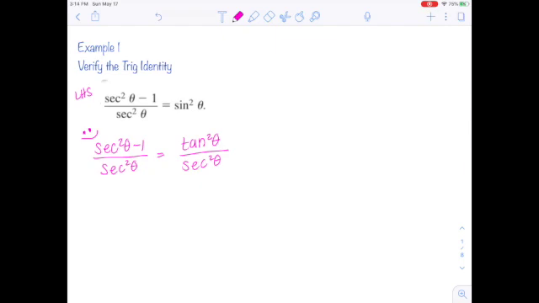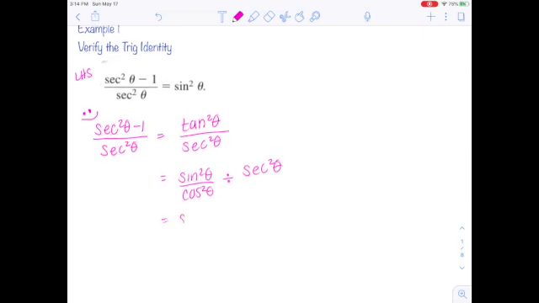Now we can rewrite that with sines and cosines. Tangent squared of theta is just sine squared of theta over cosine squared of theta, and that's being divided by secant squared of theta. We divide by 1 over cosine squared, which is just multiplying by cosine squared of theta.